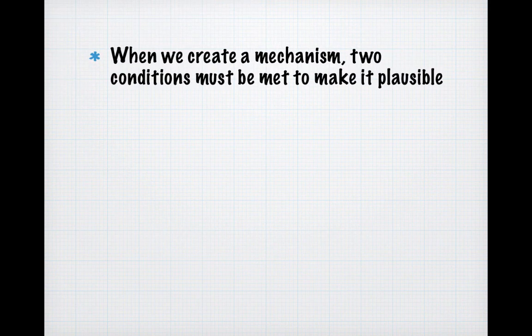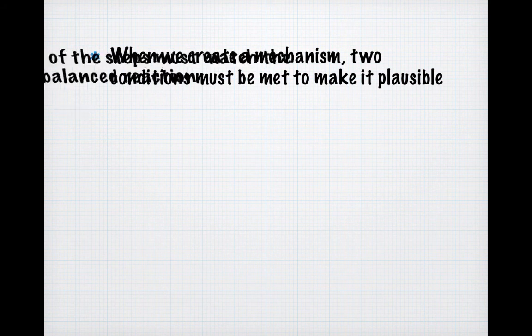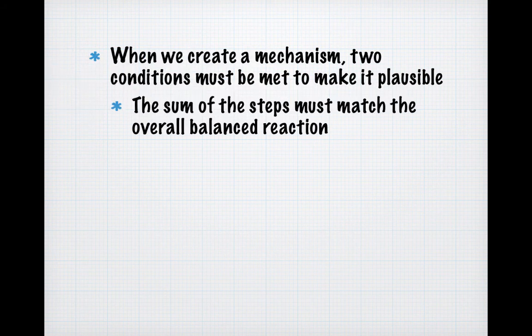Now, when we create a mechanism, there are two conditions that have to be met in order to make it a possibility, and we just saw those in this mechanism. The sum of the steps has to match the overall balanced reaction. That's important, that the sum is balanced. So once you add up those steps, you have to get the overall balanced reaction.